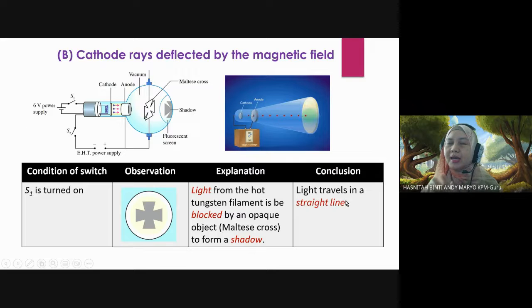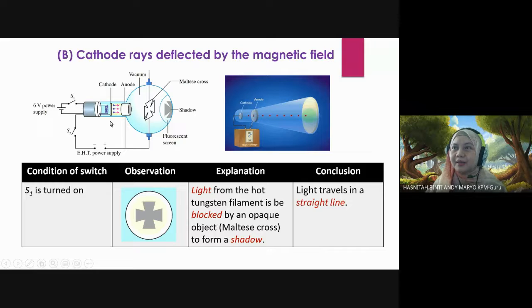My question, students: when we switch on S1 only, is there any cathode ray released from the cathode? Yes or no? Actually, yes, there is.